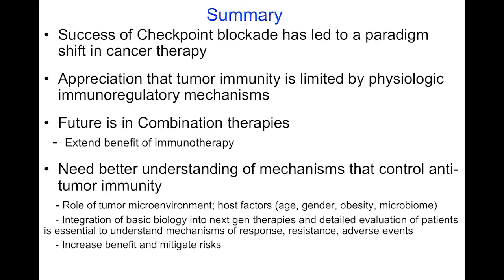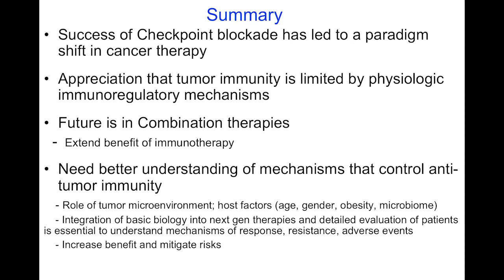So to summarize then, the success in checkpoint blockade has led to a paradigm shift in cancer therapy. We're appreciating that tumor immunity is limited by physiologic immunoregulatory mechanisms, and the future is in combination therapies that we hope will extend the benefit. But we need a better understanding of the mechanisms that control anti-tumor immunity.